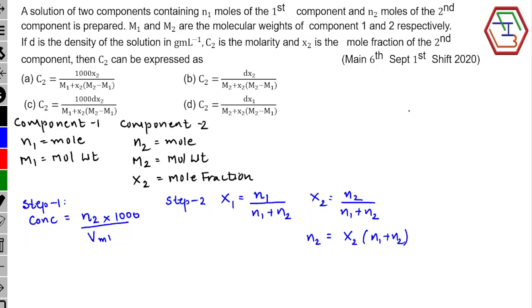And step number 3, we will apply density. Density is nothing but mass upon volume. Volume will be mass upon density. Now we know very well, mass की वैल्यू क्या इनपुट करने की? So here mole is nothing but weight upon molecular weight.